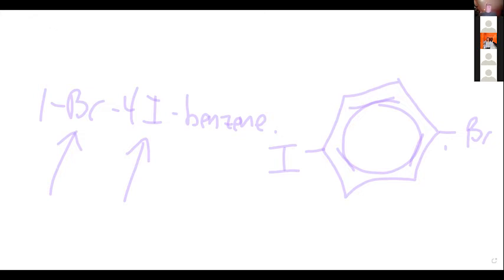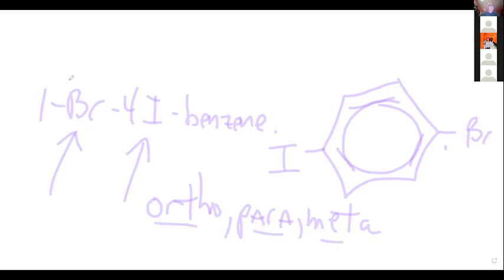Is this the ortho, right? One is ortho, para, and meta. Do you remember what they mean? I just remember ortho is the one where they're right next to each other.